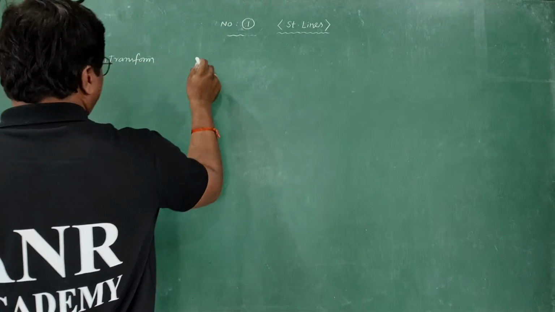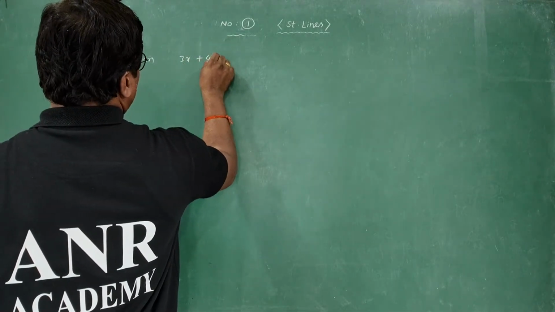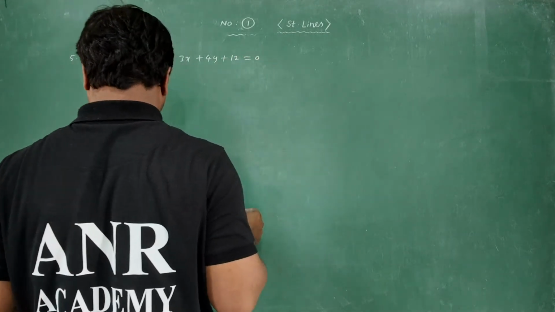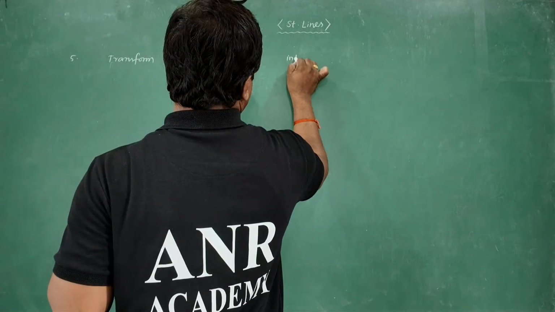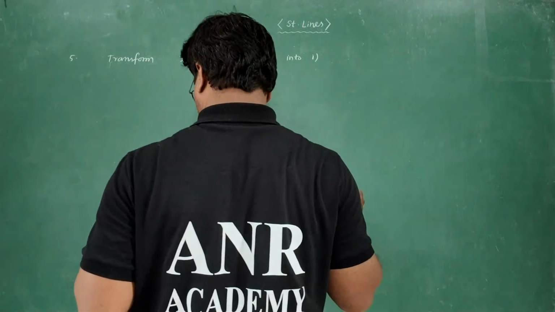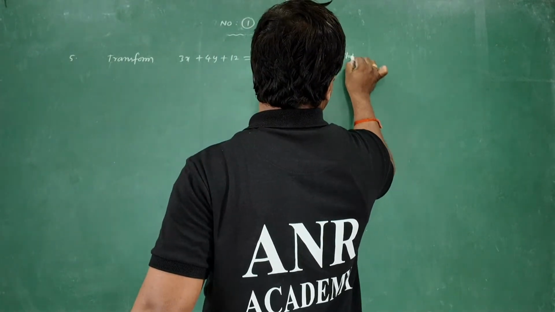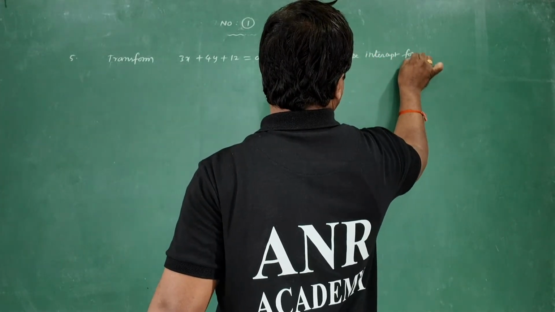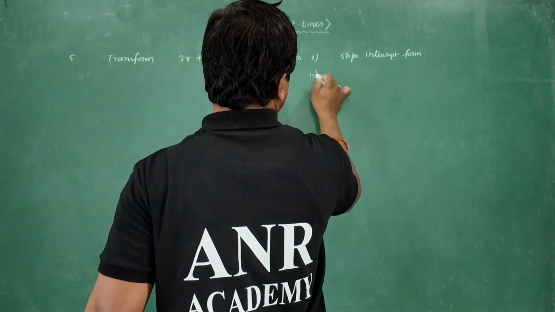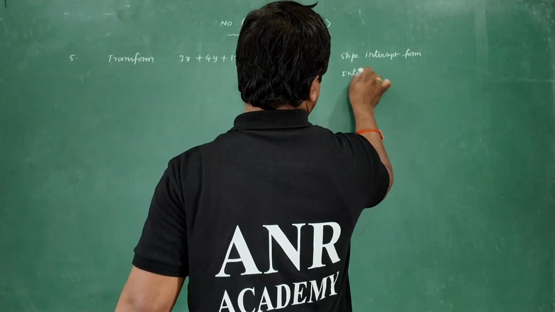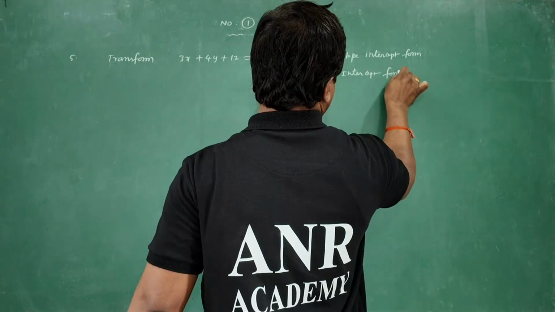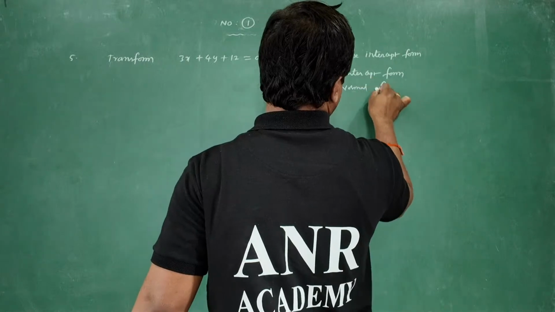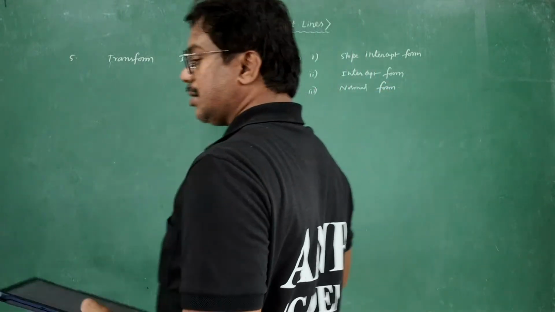Transform the equation 3x plus 4y plus 12 equal to 0 into, first one, slope intercept form. Second one, intercept form. Third one, normal form. This is the question.